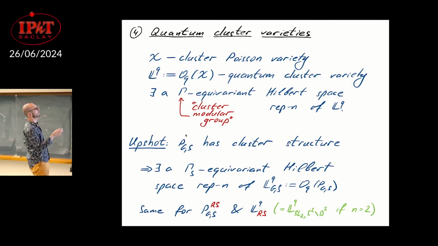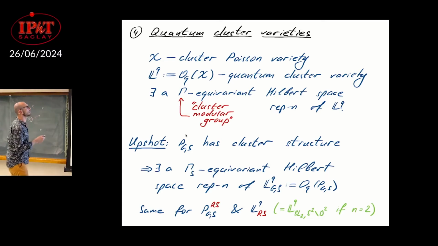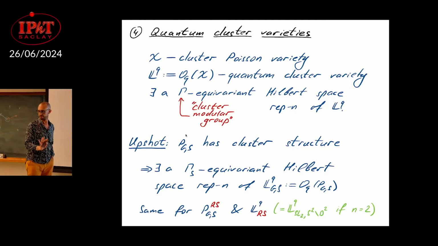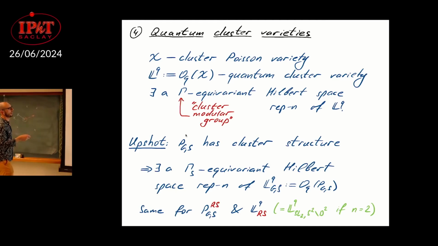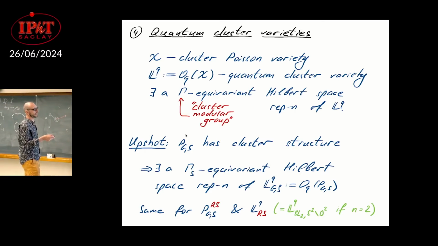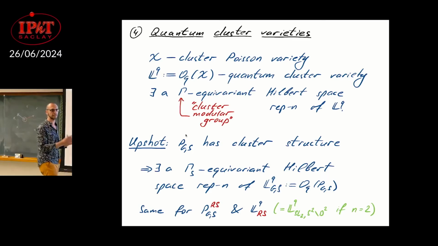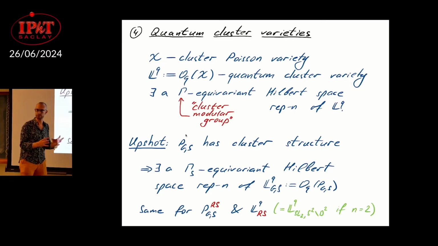I denote them L_q. And part of the package of this cluster data is a certain thing called the cluster modular group. And these quantum cluster varieties actually come with a Hilbert space representation, which is equivariant with respect to this cluster modular group. So this is precisely the setup we wanted, precisely the data we need.